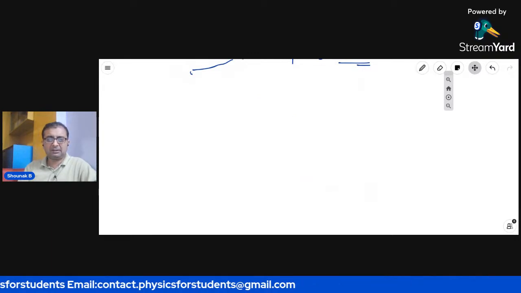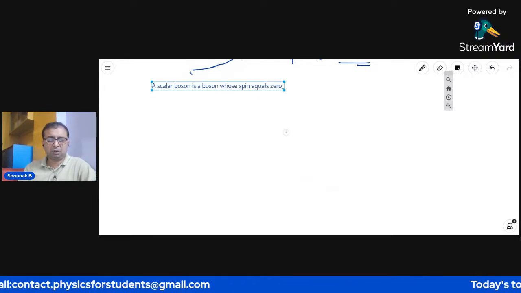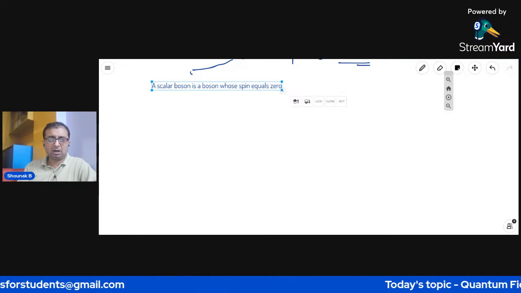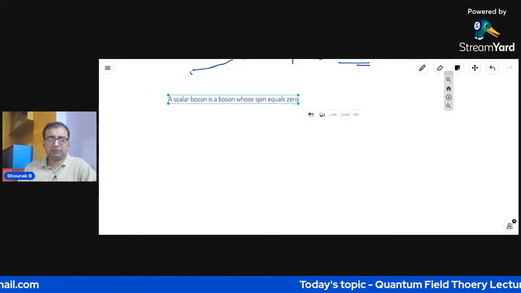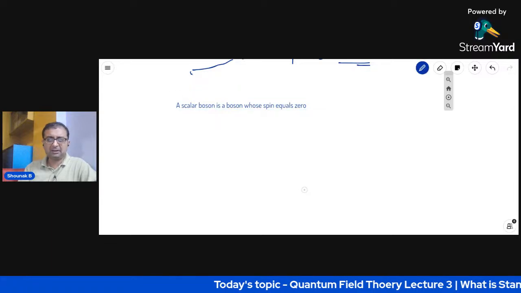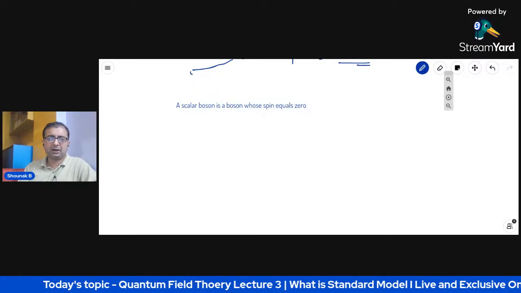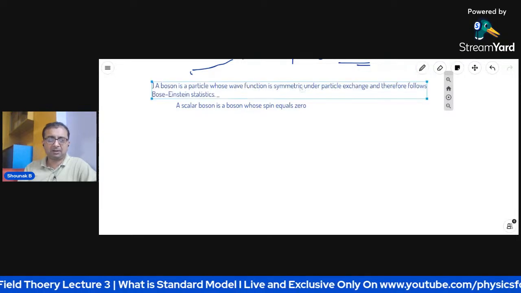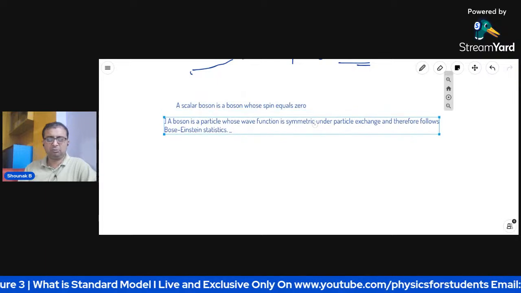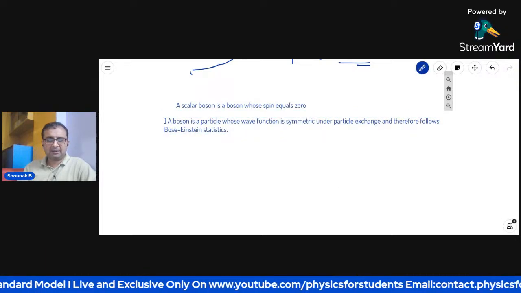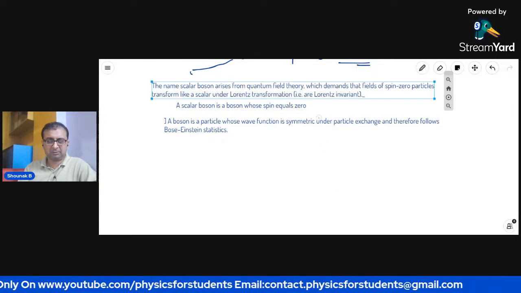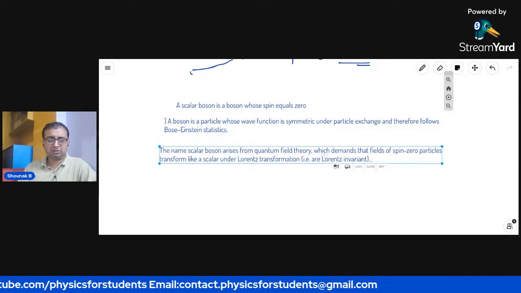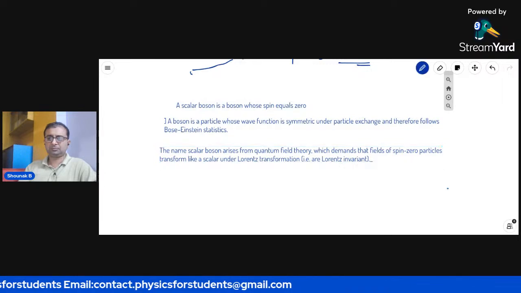First, number one is this: a scalar boson is one which has a spin value equal to 0. Then a boson is a particle whose wave function is symmetric under any particle exchange. This is point number 2. And this is where the special theory of relativity comes in. I'm just plugging it from my notes so that it is visible to you.